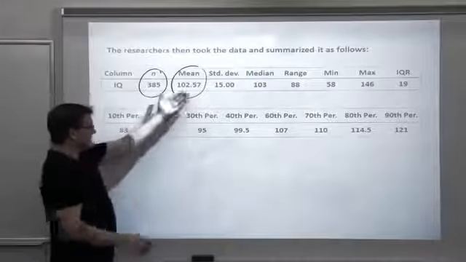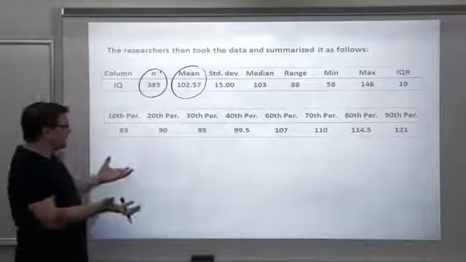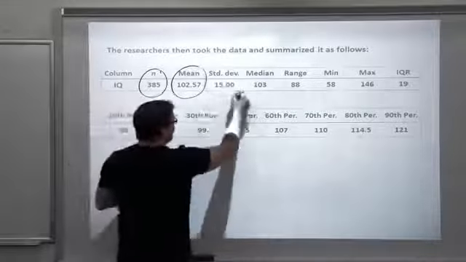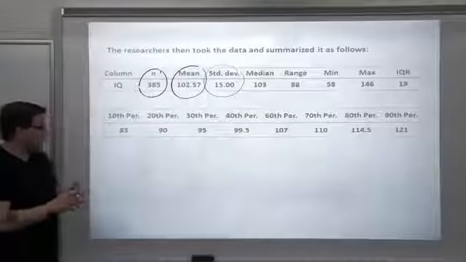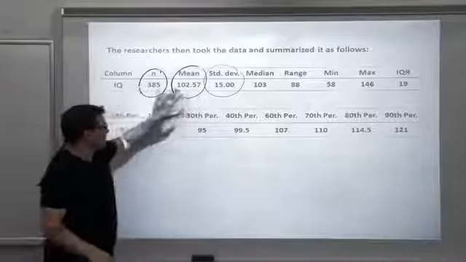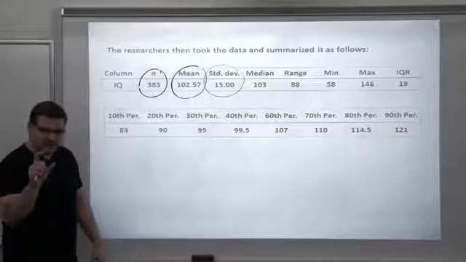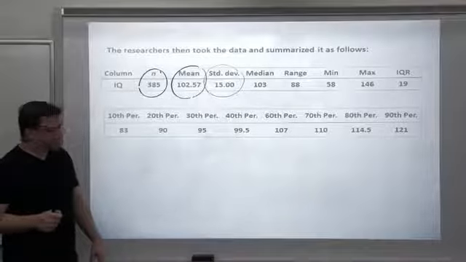Students watching the video, does this convince you that Ivy Leaguers have a higher IQ score? This is where we're going in this class. Here's a standard deviation. It looks like 15 right on the nose. I threw in some percentiles here as well, but these three numbers, sample size, mean, and standard deviation, are pretty much the three that we're going to start to work with again and again and again.